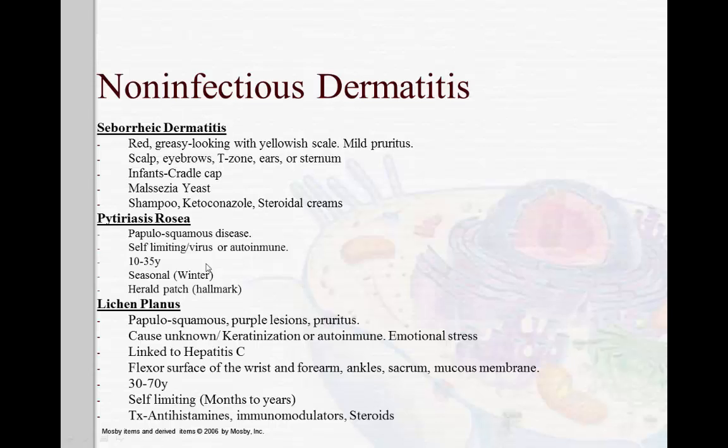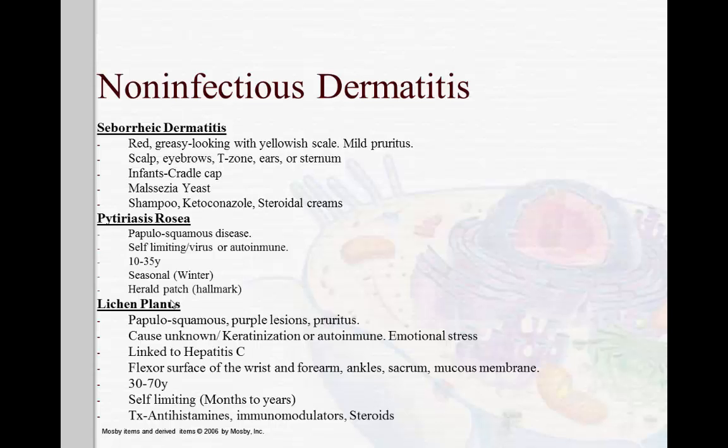Then you have lichen planus, which is a papulosquamous purple lesion. It is a recurrent pruritic inflammatory eruption characterized by small discrete violet, purple papules that may coalesce into bigger plaques, often accompanied by oral or genital lesions as well.